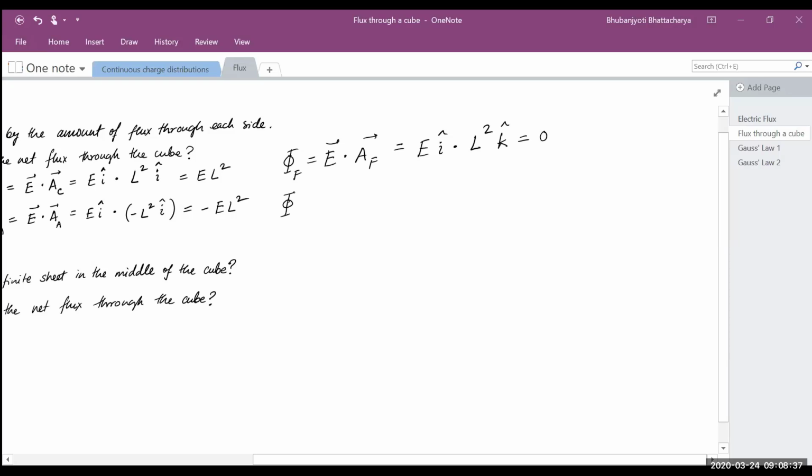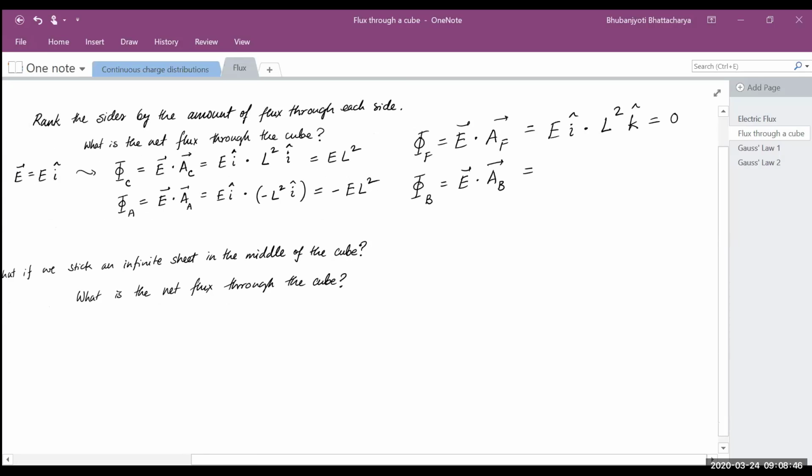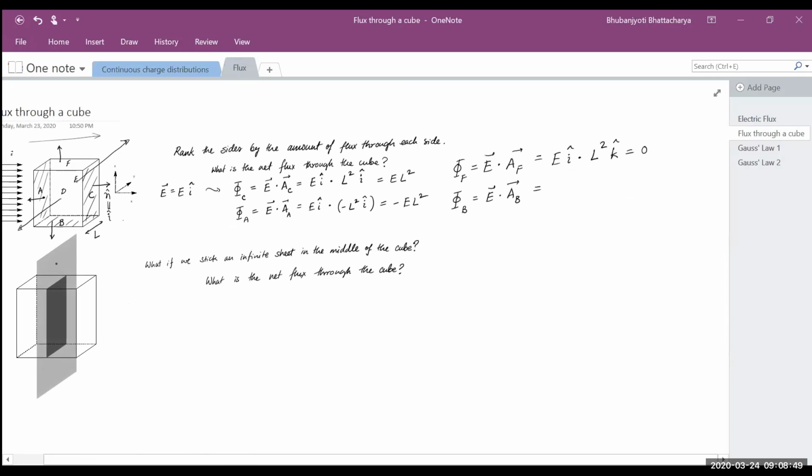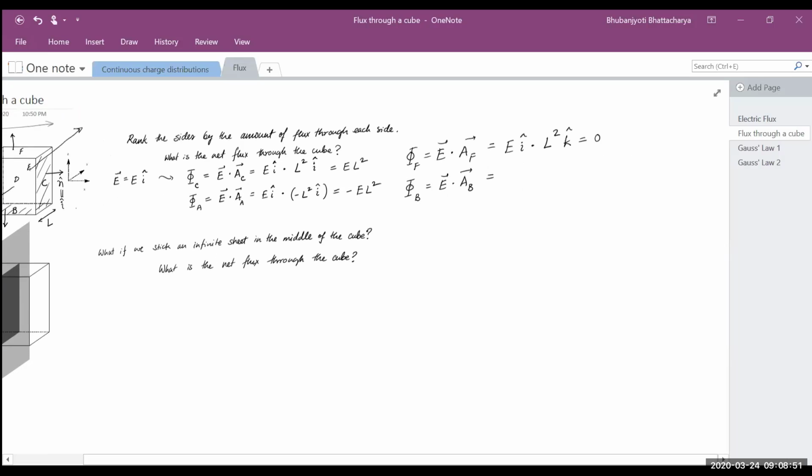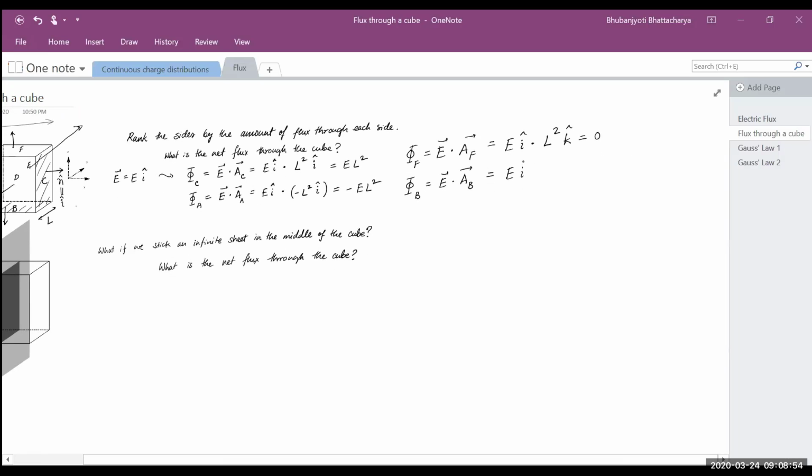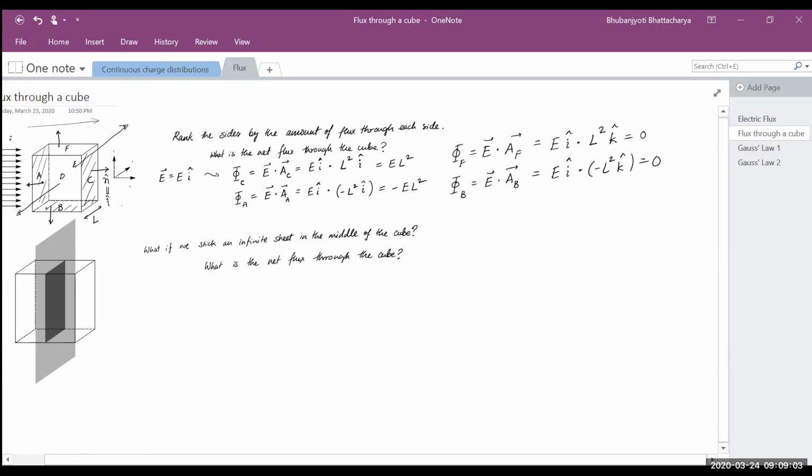Similarly, if I wanted to do, I don't know, phi B, again E dot AB. If I go back over here, B is pointing downward in the Z hat direction. So this is going to be E I hat dotted with negative L squared K hat, and this is also going to be 0. And in fact, you can see the normal vector for D and the normal vector for E are also pointing along the Y hat direction, and I hat dot J hat is also 0.